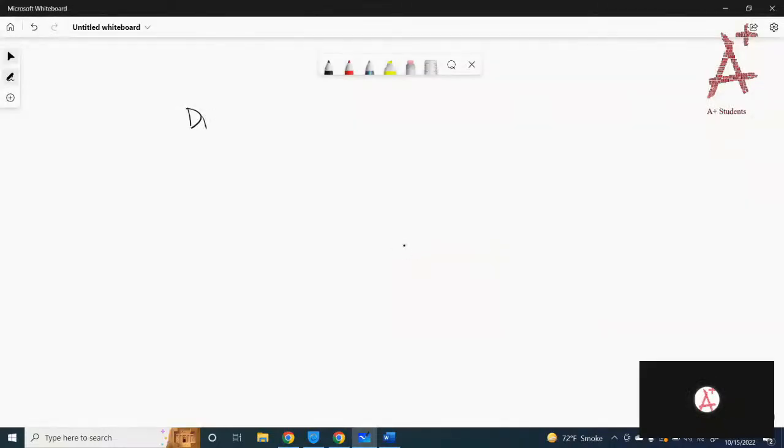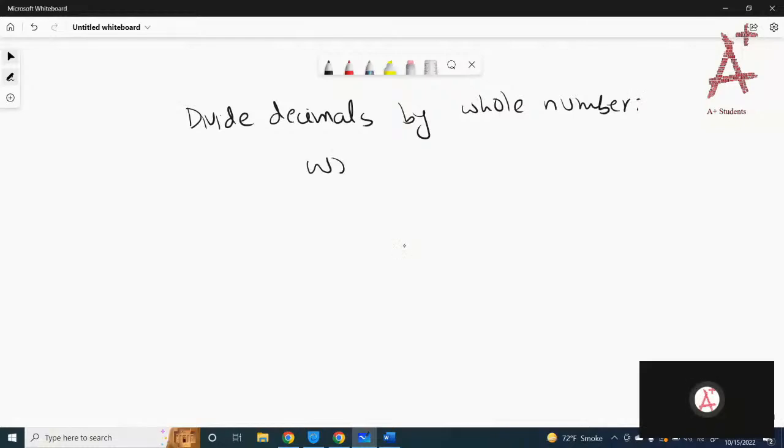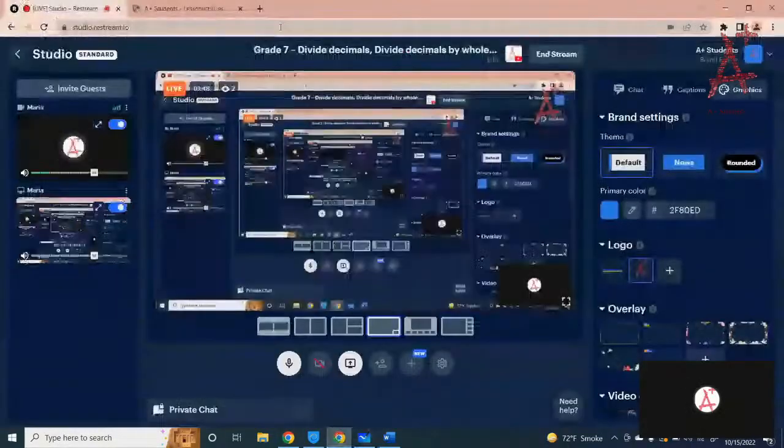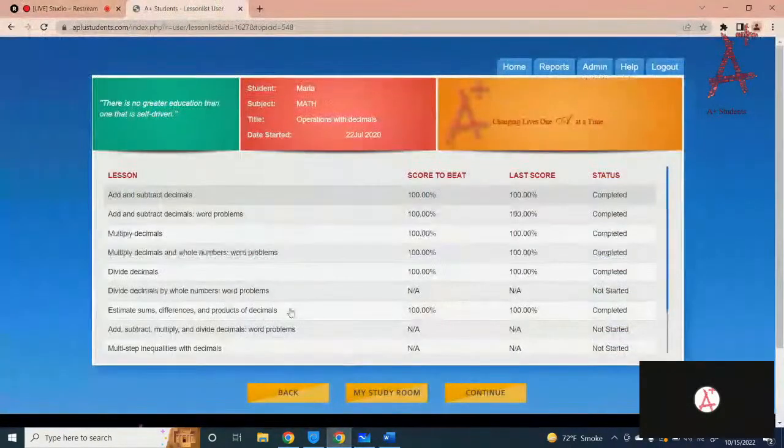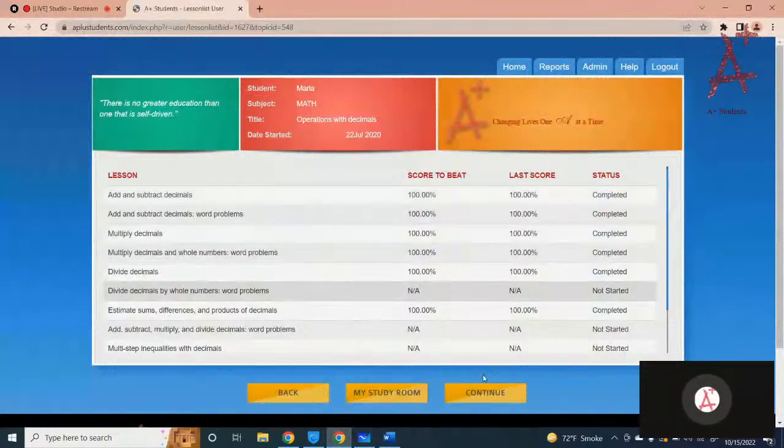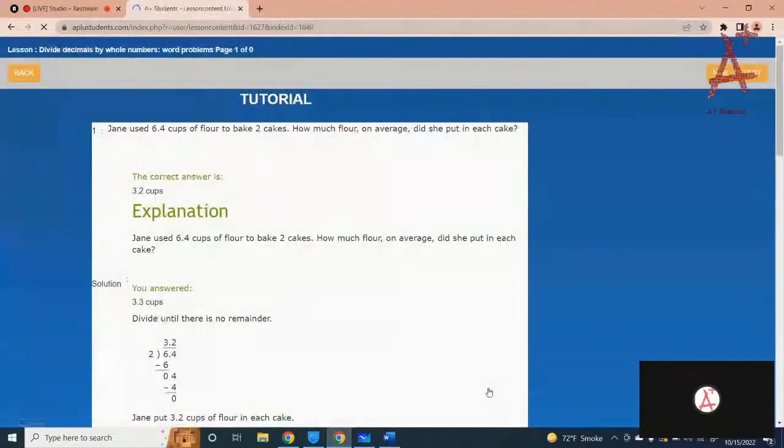The next one is divide decimals by whole numbers word problems. Let's start with the word problems.